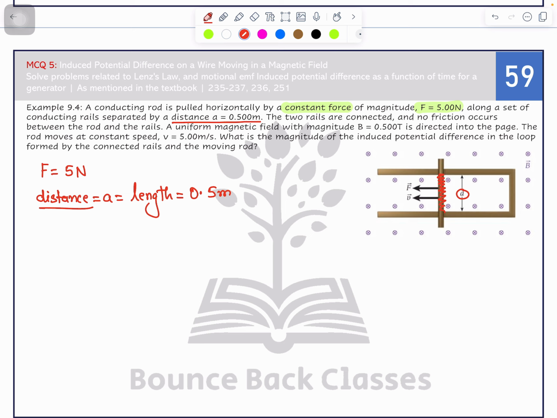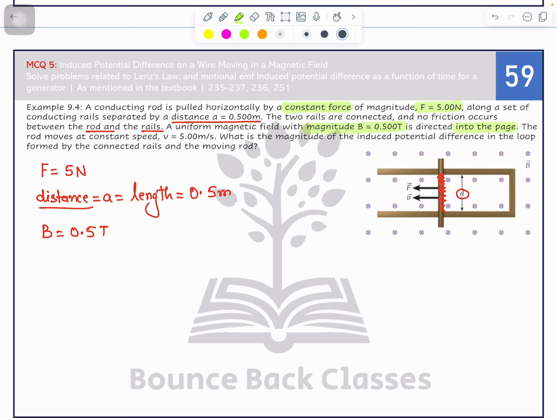Two rails are connected and no friction occurs between the rod and the rails. A uniform magnetic field, given B equals 0.5 Tesla, is directed into the page.